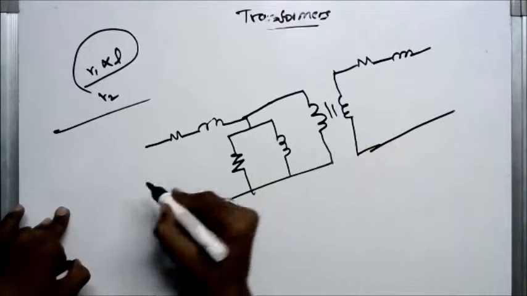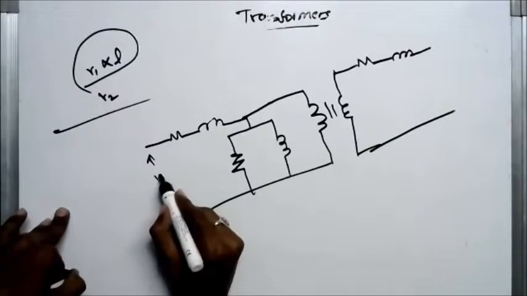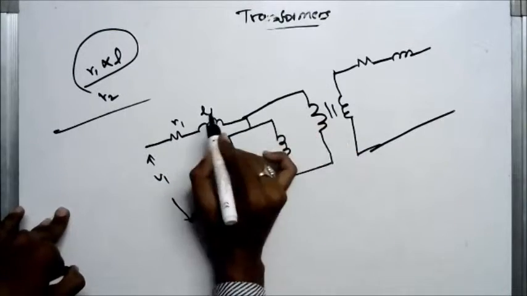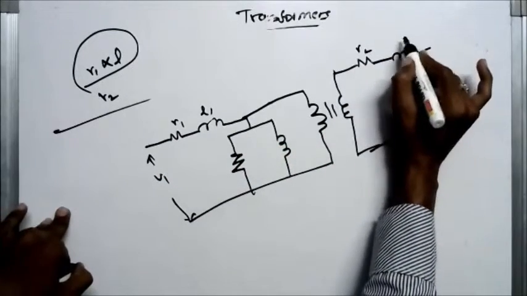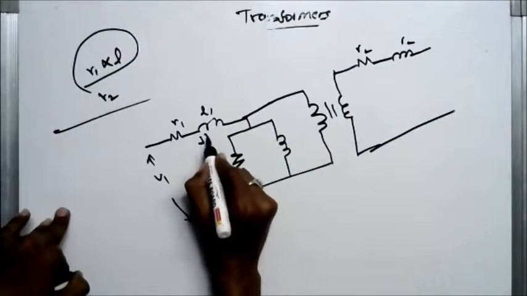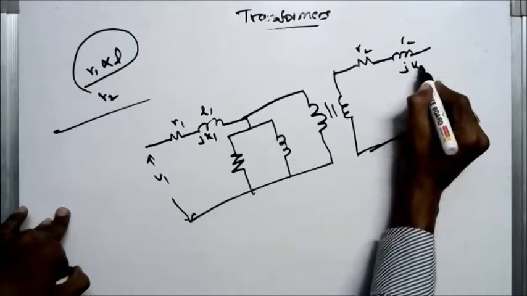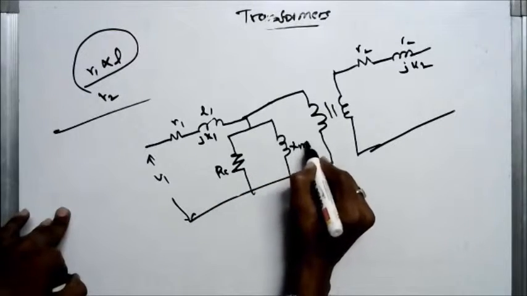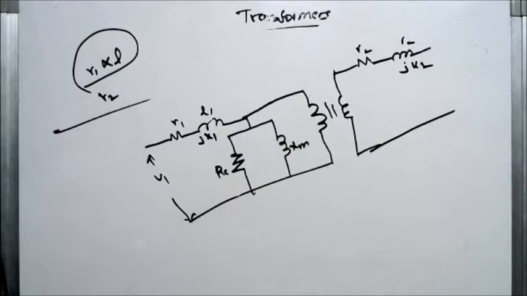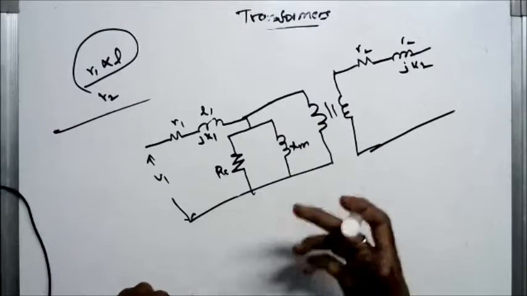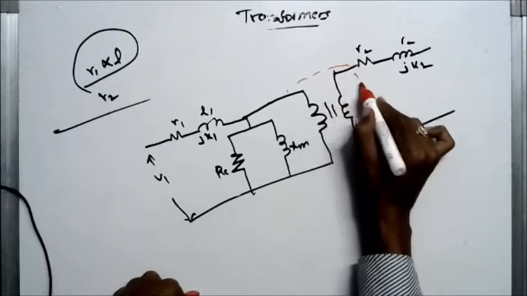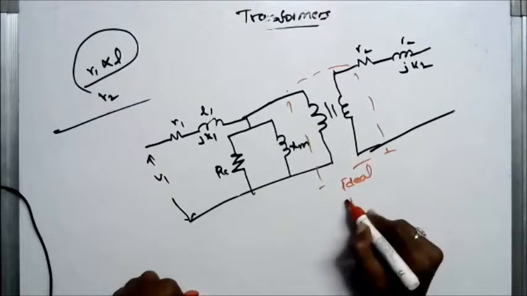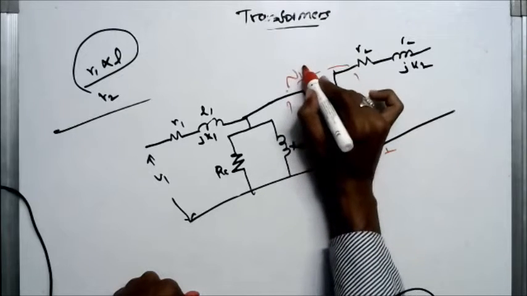Here V1 is applied, here R1, L1, R2, L2, jX1, jX2, this is RC, this is XM. This is entirely an ideal transformer, N1 is to N2.